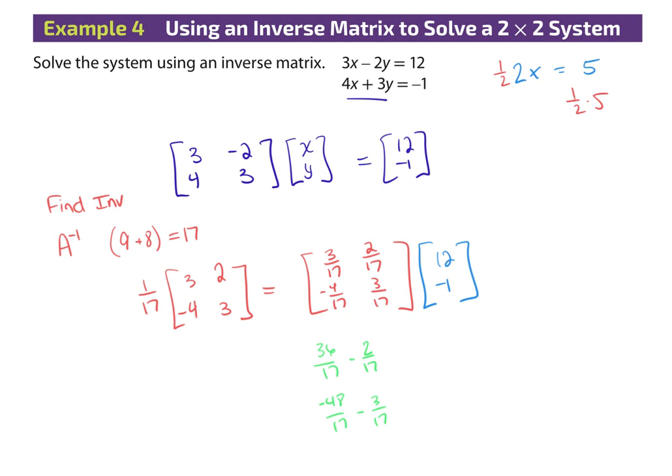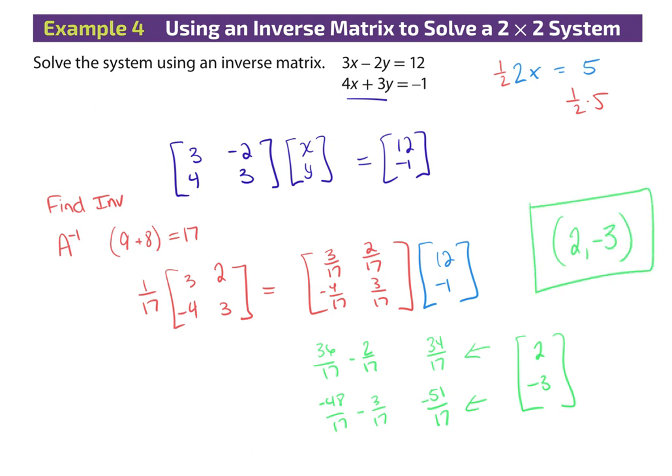So we have 36 minus 2, we get 34 over 17. -48 minus 3, that's -51 over 17. This is going to equal my x value. This is going to equal my y value. So I'm going to get 2, -3, which means my answer is going to be 2x, -3y. That is my answer. And just like any systems of equations, you can check it by plugging them in. You just found your x and y. Plugging them in should give you a true statement.